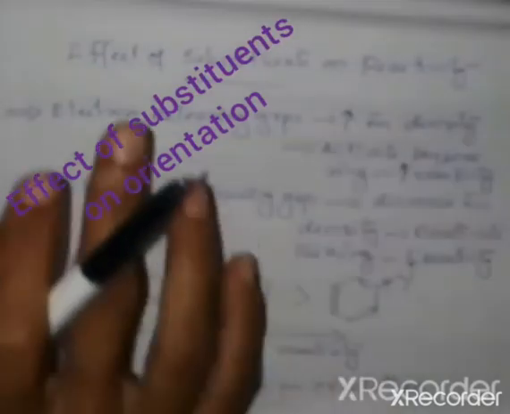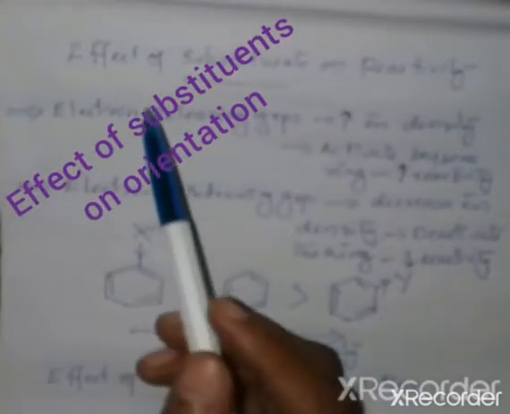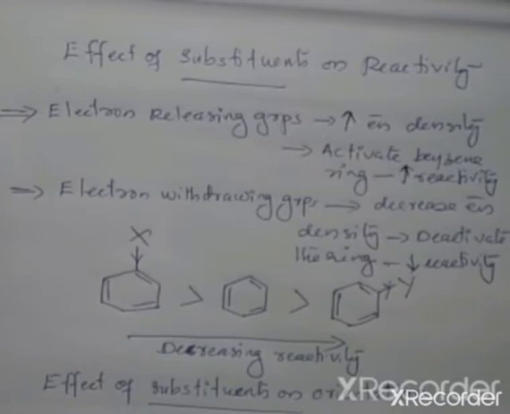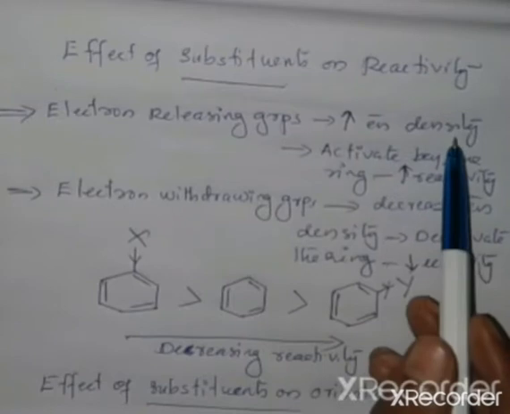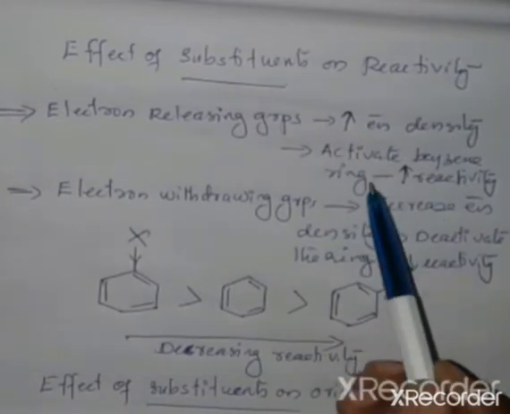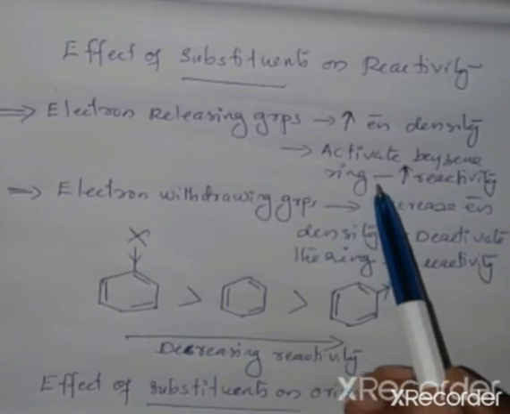Hello students, in the previous class we discussed the effect of substituents on the reactivity of electrophilic substitution reaction of substituted benzene. In this we know that electron releasing groups increase the electron density of the benzene ring, that is, they activate the benzene ring for electrophilic substitution reaction.